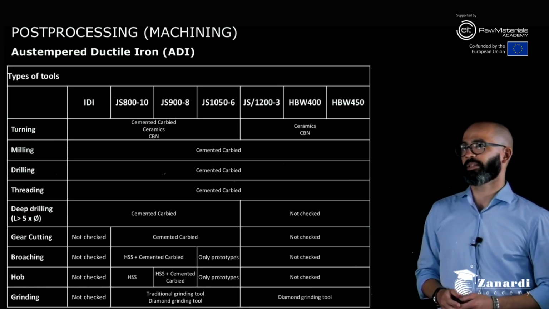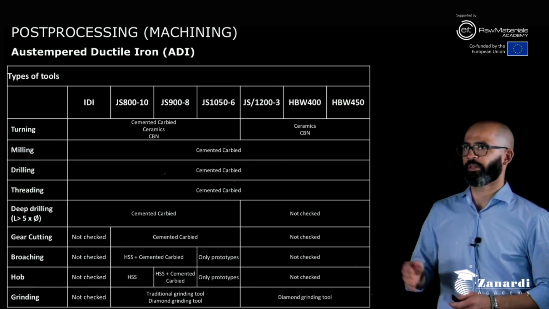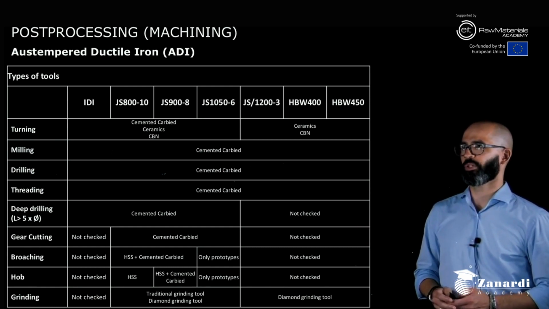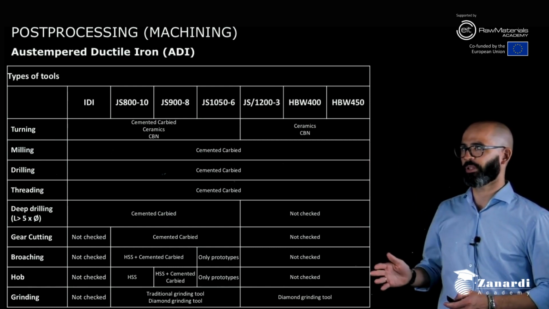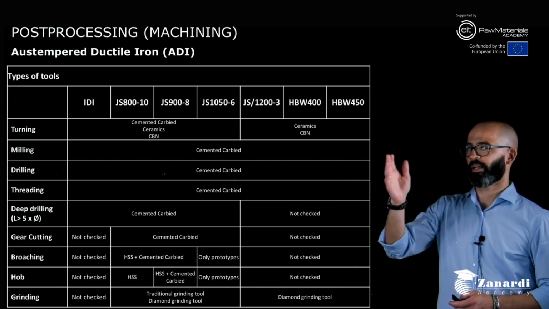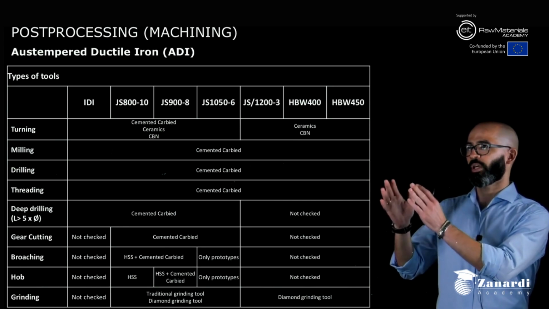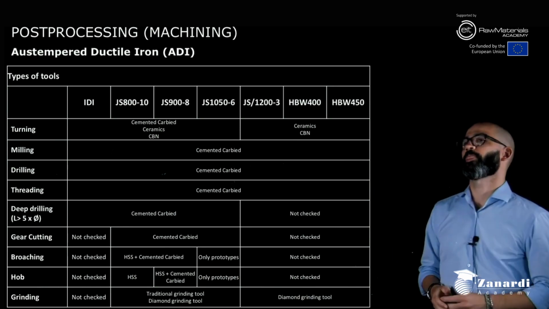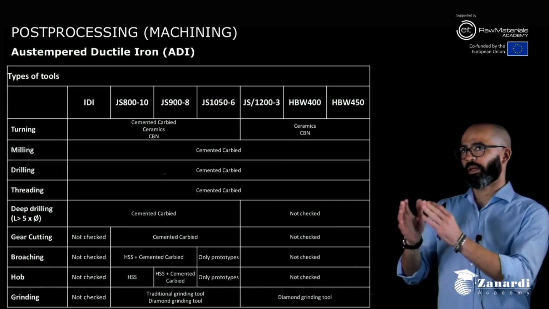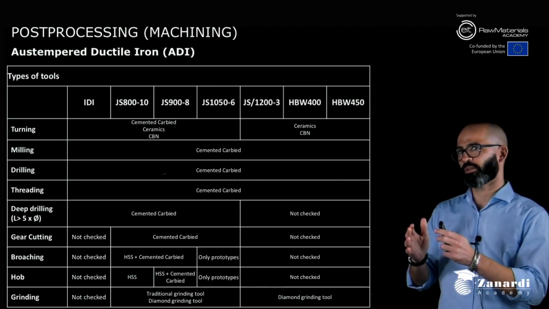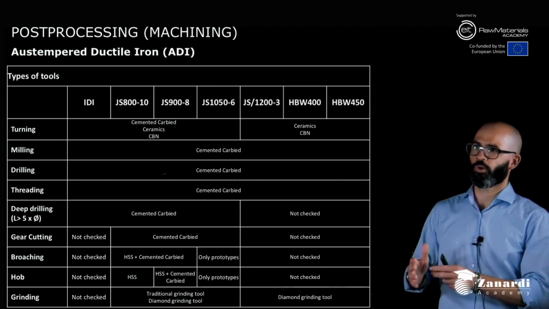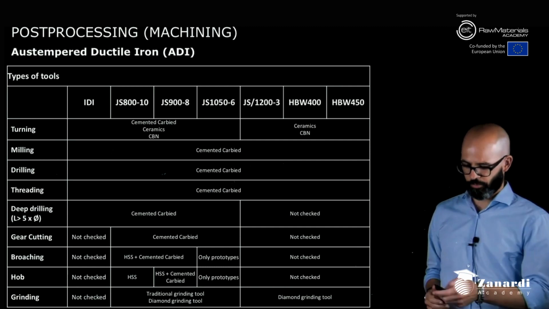As you can see by this table, I don't go deeper in it, but just to give you an information, for every kind of machining operation and every kind of ADI grades, it's possible to choose the right tools for the machining and the grade. So it's easier to follow the right approach according to the right information in your hands.